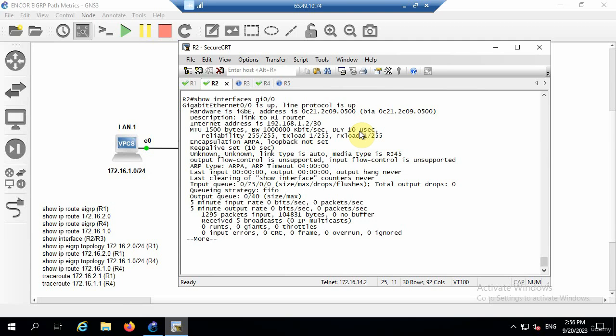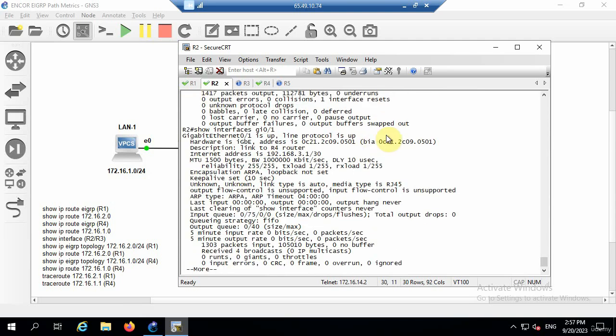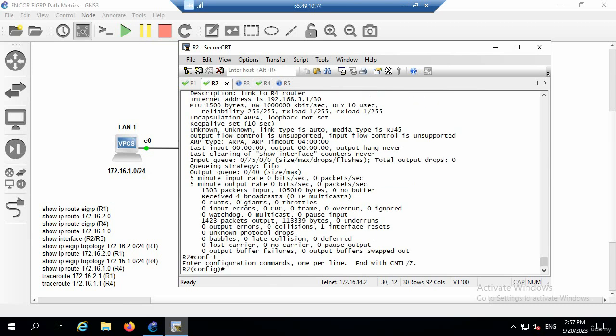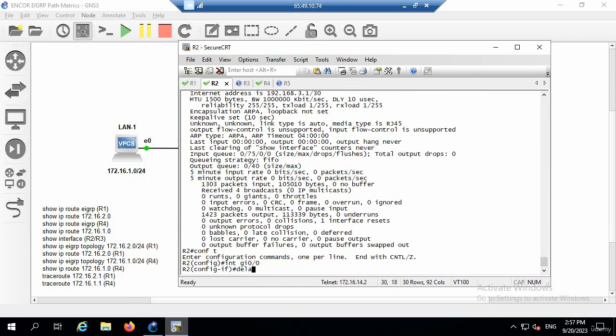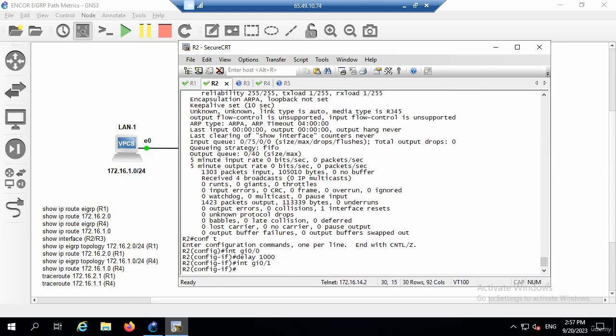That is the default. And on gig 0/1, it's a delay of 10 microseconds as well. So we'll do delay 1000, and the same thing on gig 0/1.